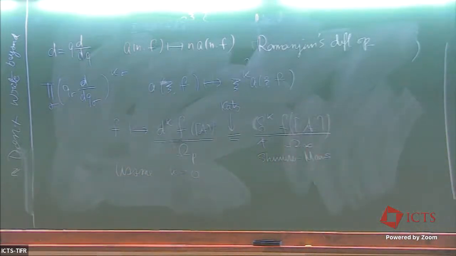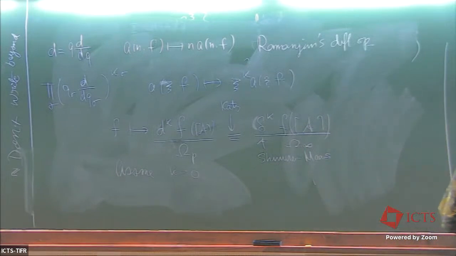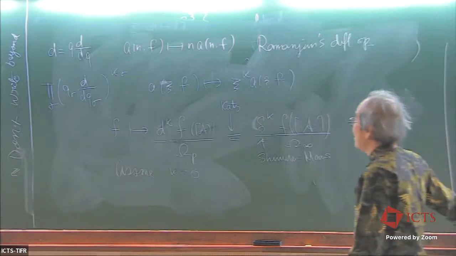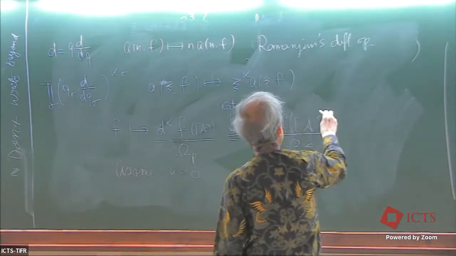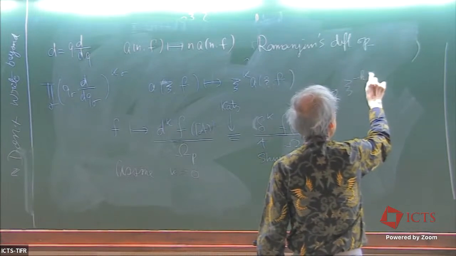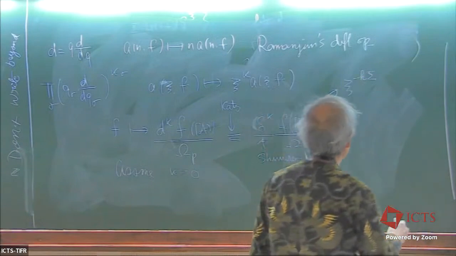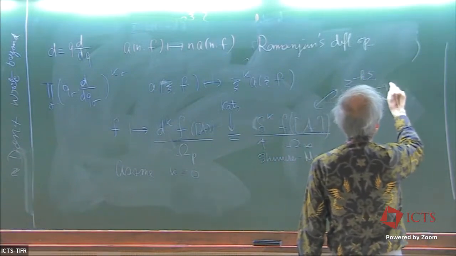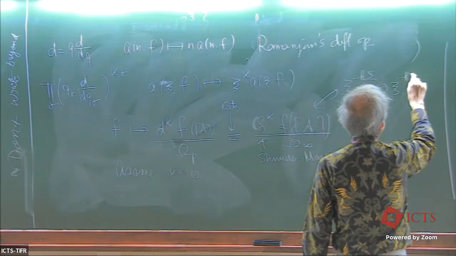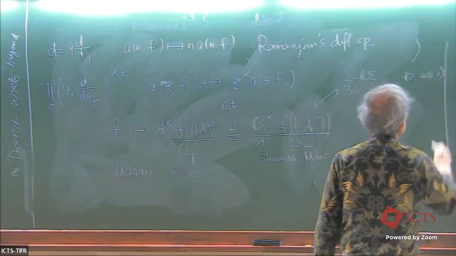Okay. By the way, once you do this business, the weight k condition psi to the minus k sigma of this holomorphic modular form becomes psi to the minus k sigma minus kappa times one minus complex conjugation.